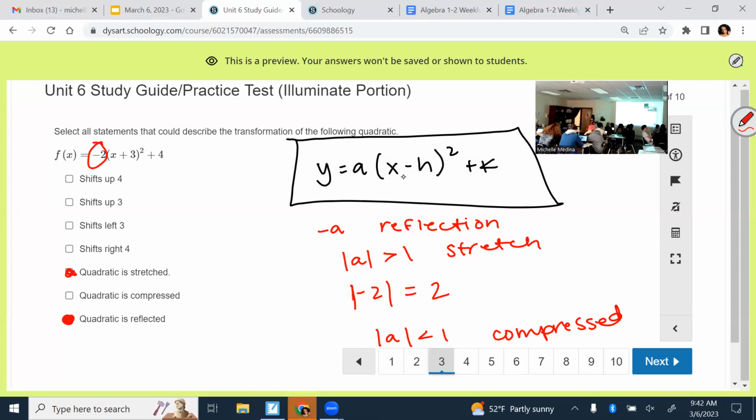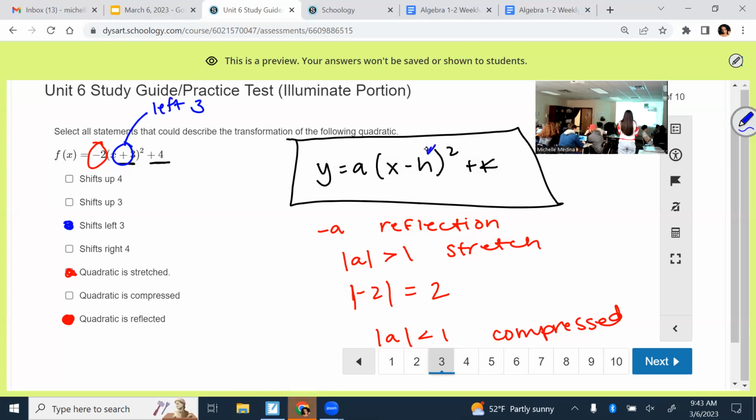So that's the A. We still have stuff going on for the H and the K, because otherwise that wouldn't be there at all. It would just be X. So if it's a +3 with the X in the parentheses, what type of movement is that? Good. So it goes left 3, which is this one.